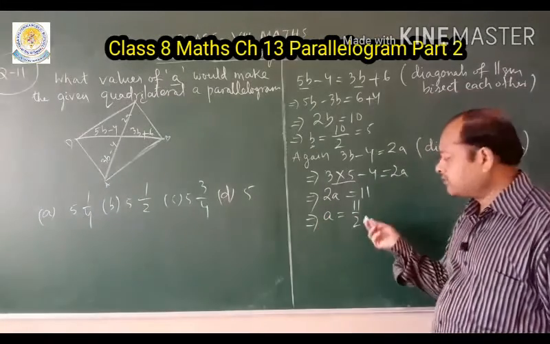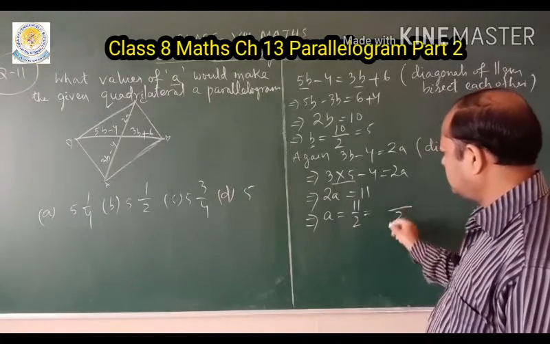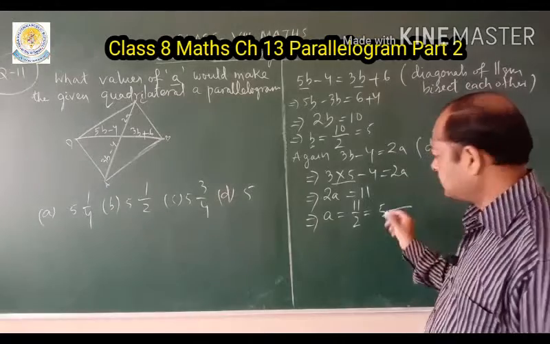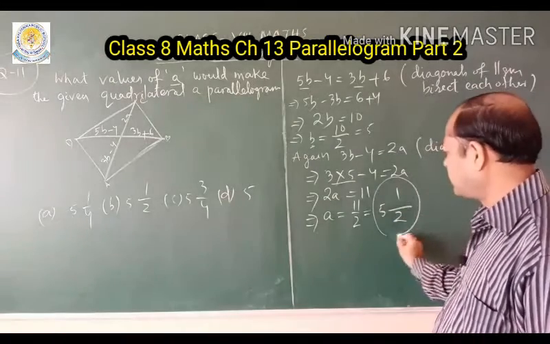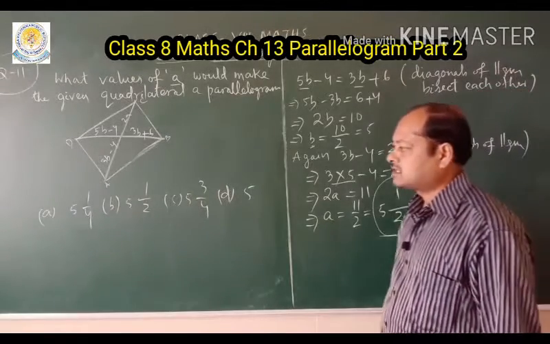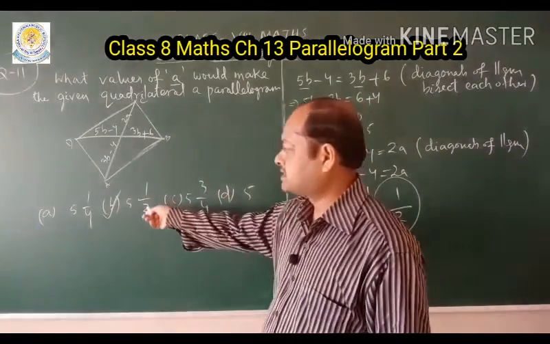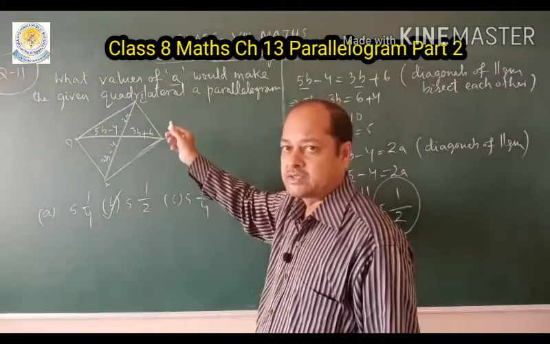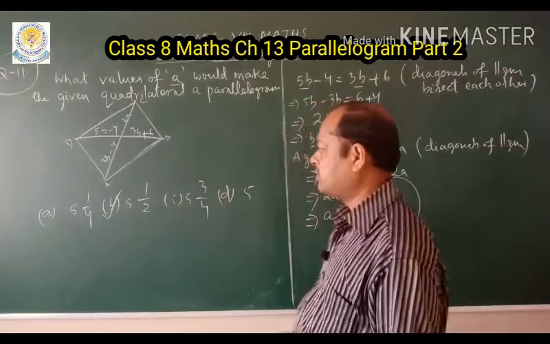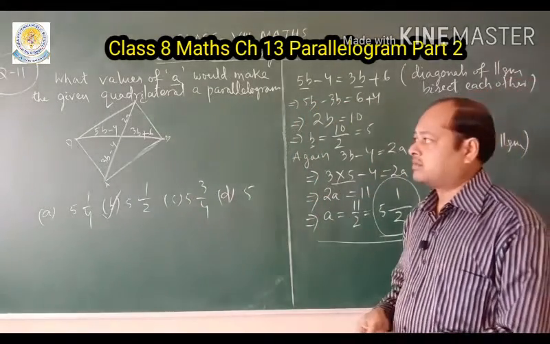This is an improper fraction, so make it a mixed fraction. 2 fives are 10, 10 plus 1 is 11. So 5 whole 1 upon 2. Which is the answer? It will be B. So answer B is correct, 5 whole 1 by 2, which is the solution for a. So we have proved it by solving this problem.